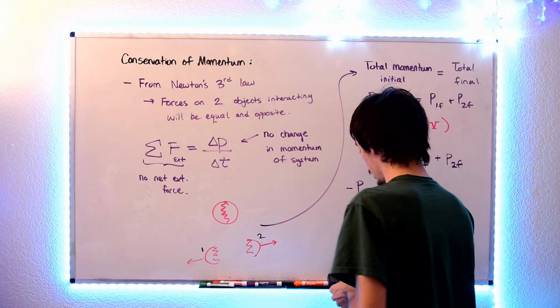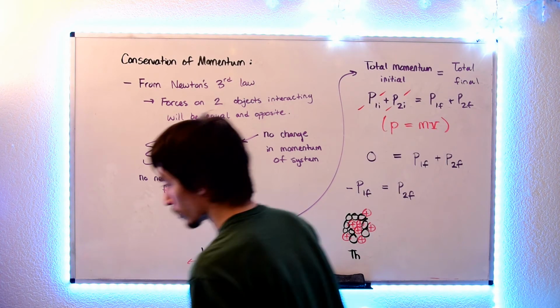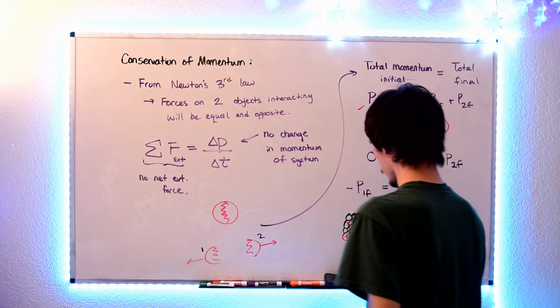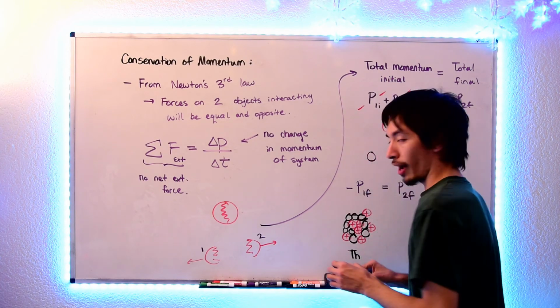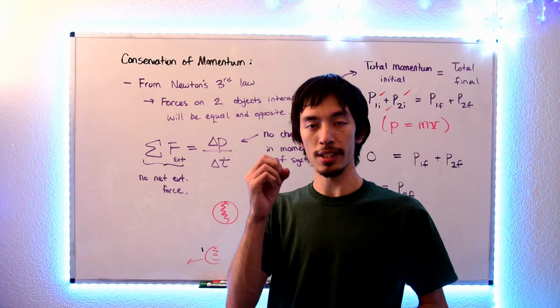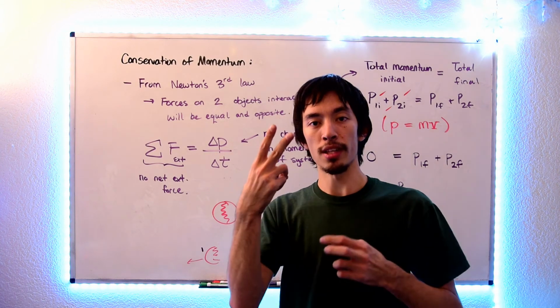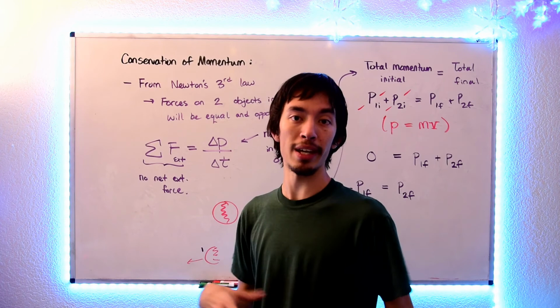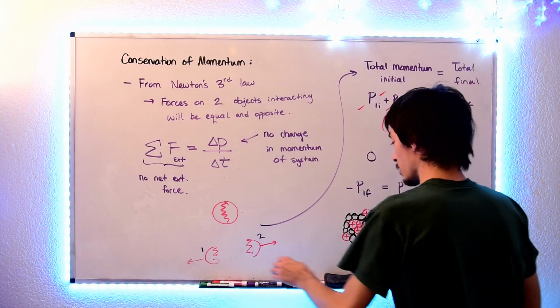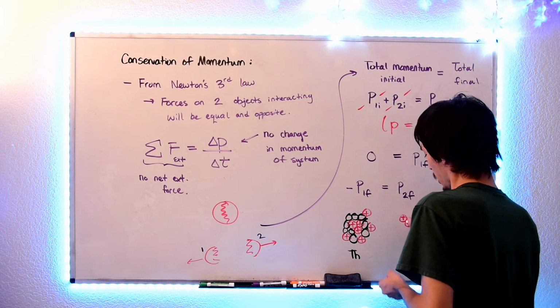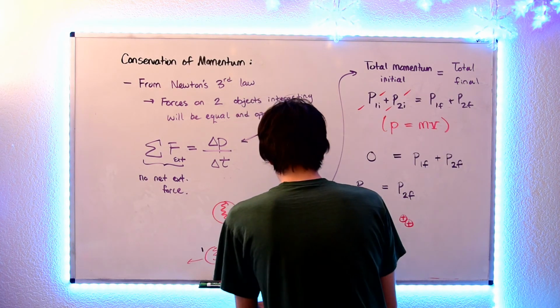So thorium 234. And then you have an alpha particle. Now, an alpha particle is just simply 2 protons and 2 neutrons. It's basically a helium nucleus.